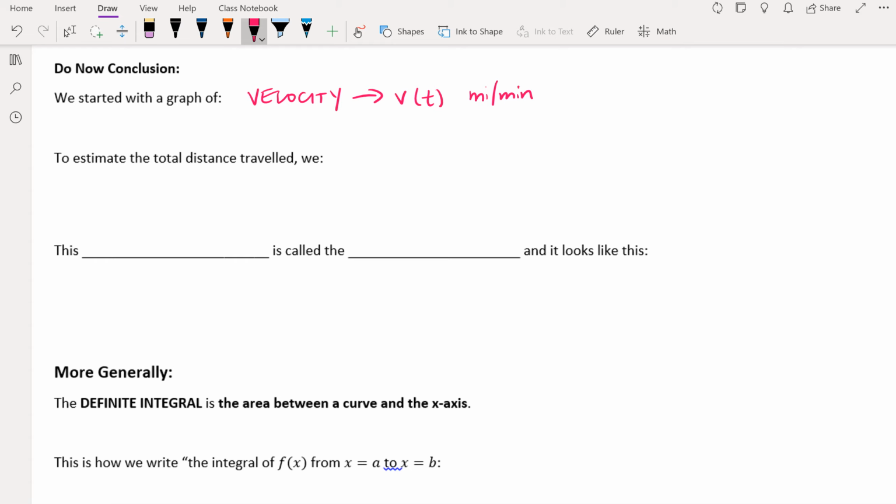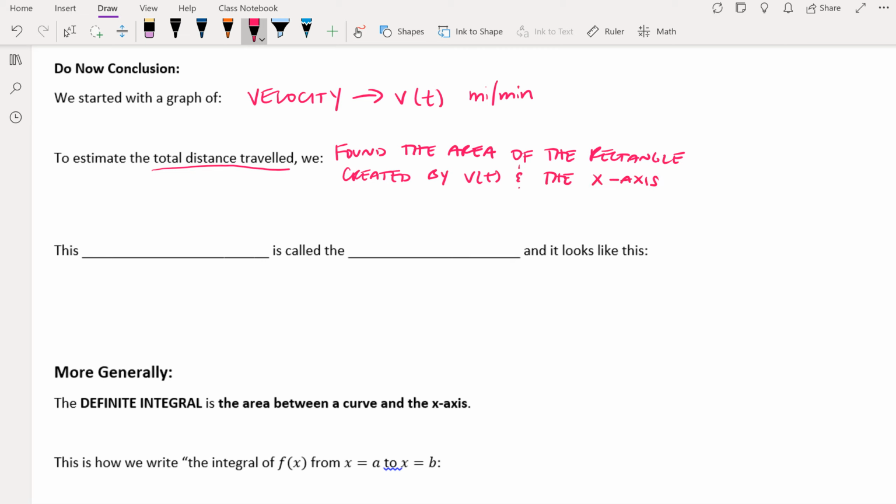To estimate the total distance traveled, we found the area of the rectangle created by v of t and the x-axis, between 2 times, from 0 to 32 minutes.